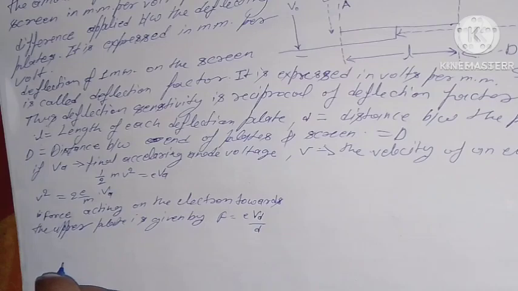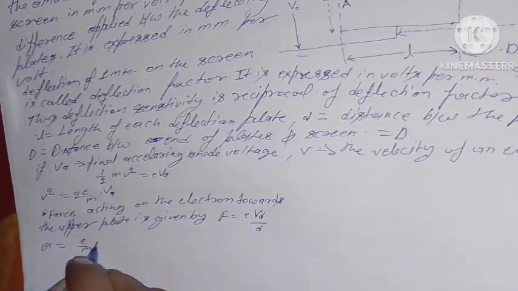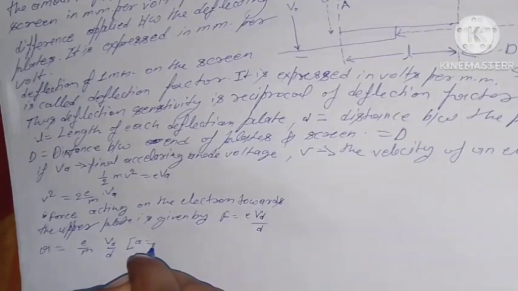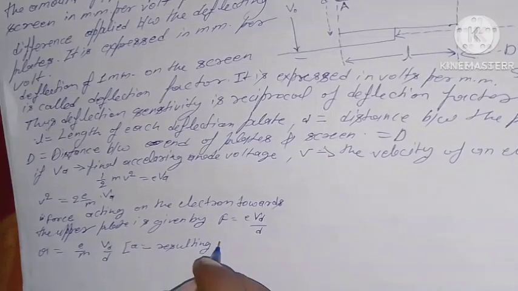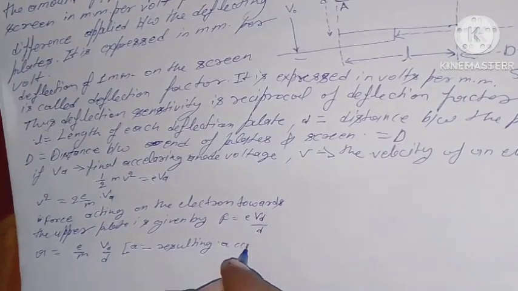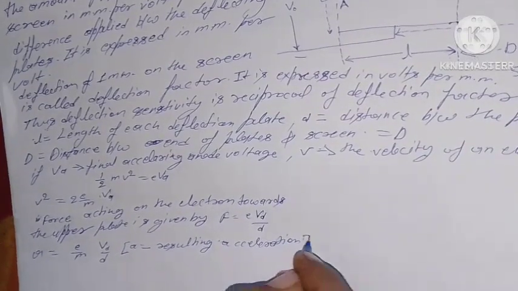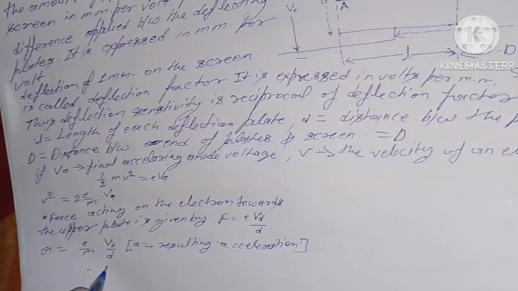If a is the resulting acceleration of the electron, then a equal to e/m Vd by d, where a equal to resulting acceleration of the electron.